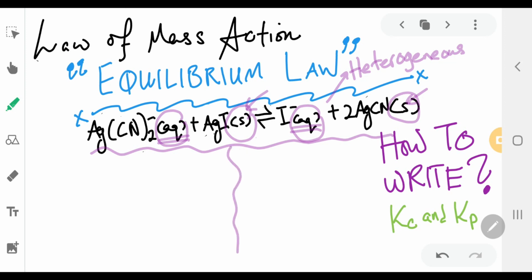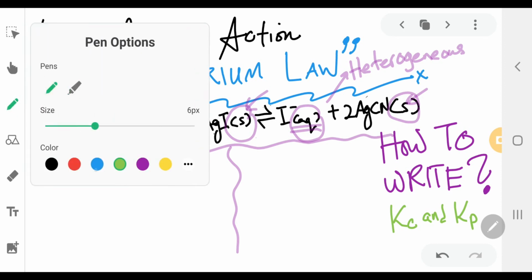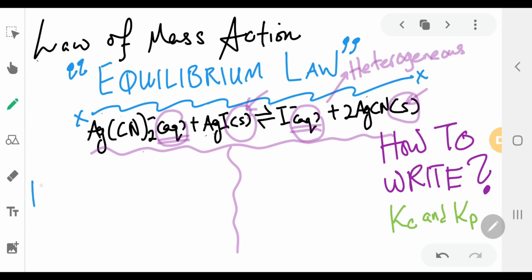So how do you write the Kc? We're going to try to write the Kc first. Now, over here, you have solid and you have aqueous. Obviously, solid is not going to be included in the Kc expression because pure solids and pure liquids are constant. So we're going to take only this aqueous. Okay, aqueous can be included in your equilibrium constant expression.